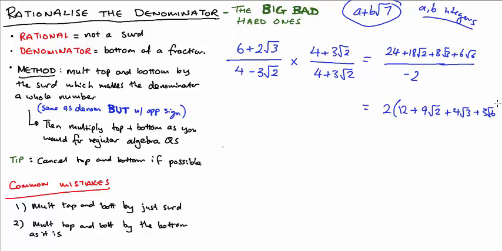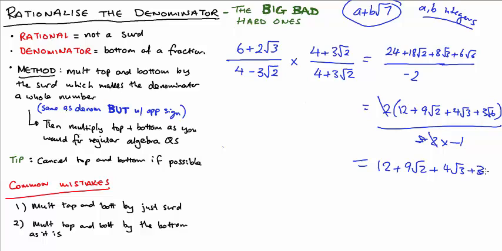Even if you get here, you got most of the marks. Obviously we can write this as 2 times minus 1, so we can cancel that and that. Which gives you 12 plus 9 root 2 plus 4 root 3 plus 3 root 6.